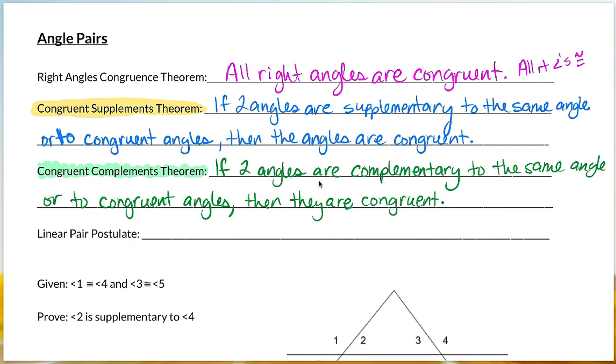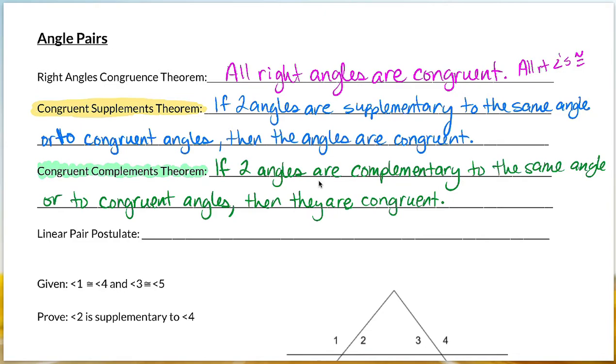Complementary means they're adding to 90. So if you have two angles that add to 90, and then one of those can add to 90 with another angle, then those complements will be the same. So if angle 1 and 2 are complementary, and angle 2 and 3 are complementary, since 1 and 3 are both complementary to angle 2, that would make 1 and 3 the same as each other.